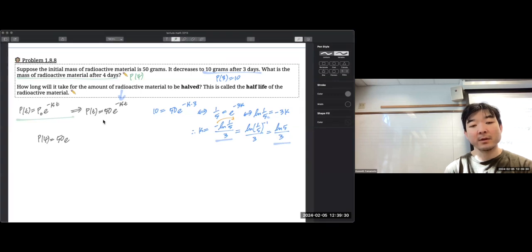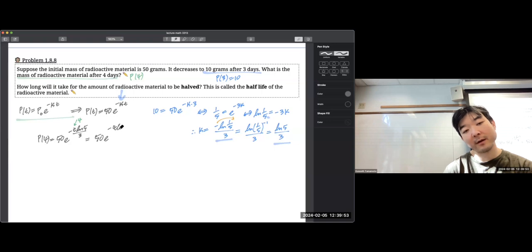And then I'll just write it with this t here. So it's e to the negative ln of 5 over 3, times t. But the t here, we want to be equal to 4. So really, it's going to be the same as 50 e to the negative 4 ln of 5 over 3, which you just put in your calculator and you'll get 5.85 grams.